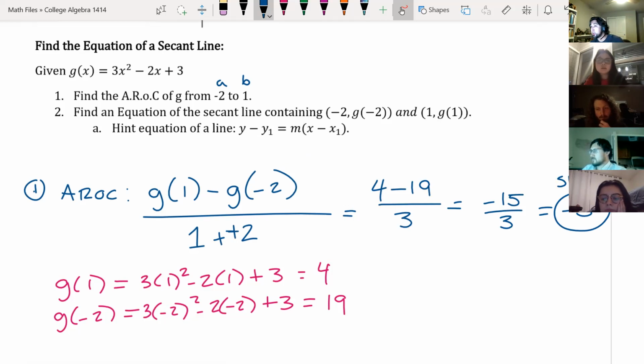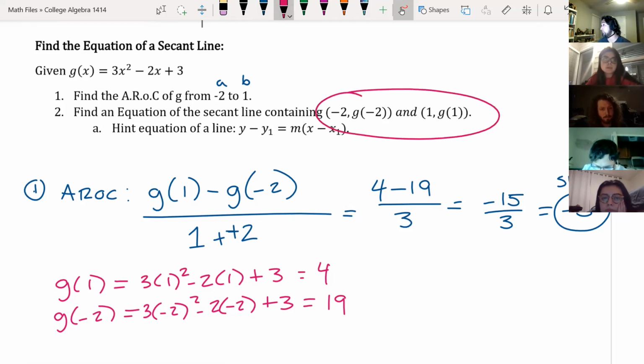So there are 2 ingredients to create the equation of a line. You need a slope and you need a point. Well, we just found the slope. It's -5. Next thing we need to do is find a point, which we've kind of done already. So if you look at number 2 above, this is giving us the points -2, g of -2, and 1, g of 1.